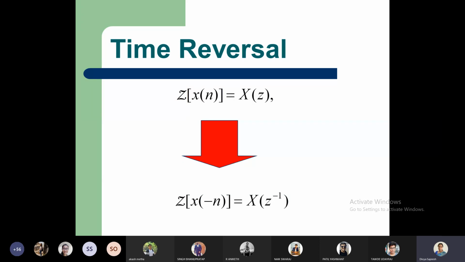Now the property of time reversal. This also you might have done just now in a numerical. That is, if the signal is x of minus n, the Z transform will be X of z inverse.